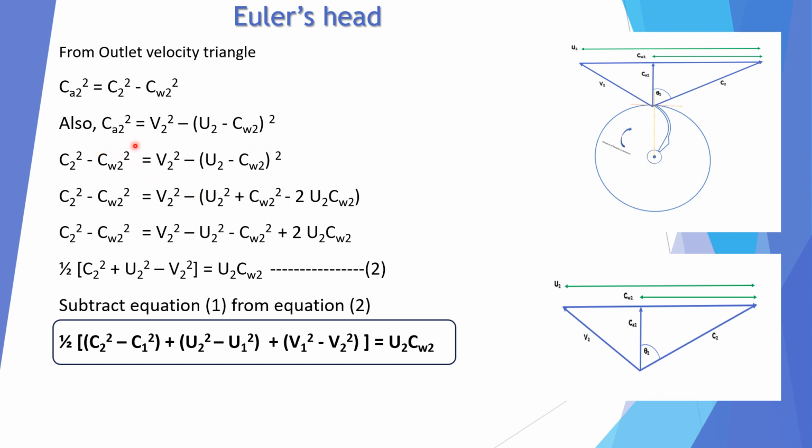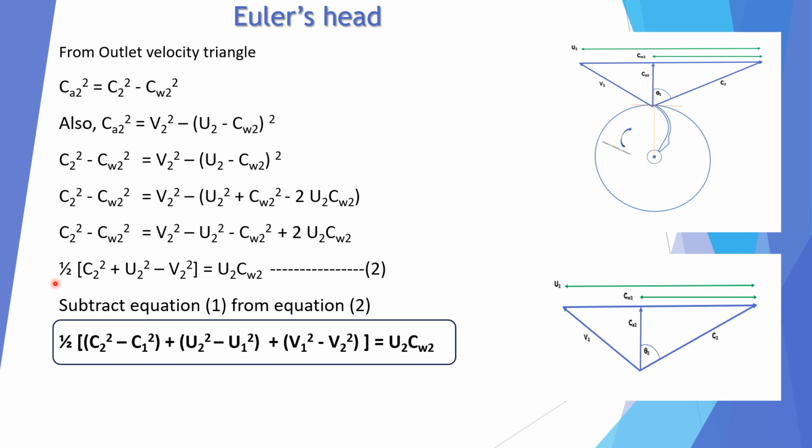So further you can replace CA2 by this. We can write C2 square minus CW2 square is equal to V2 square minus bracket start U2 minus CW2 square. So on simplification, we can write half into (C2 square plus U2 square minus V2 square) is equal to U2 into CW2, equation number 2.